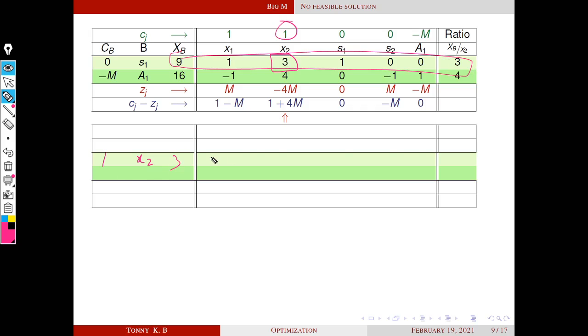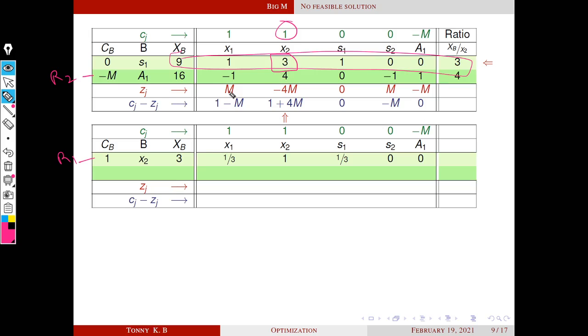So this entry becomes 1 and so on. These are the corresponding values: x2, 3, 1 by 3, 1, etc. And we have to convert this term to 0. How? Take this as R2 and this as R1.